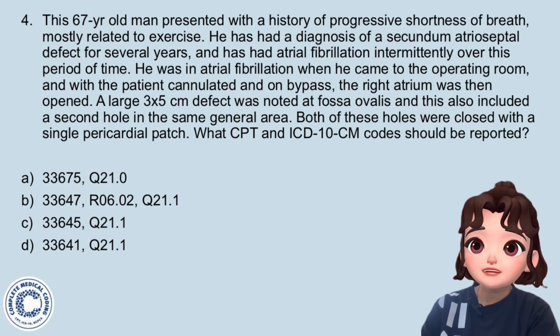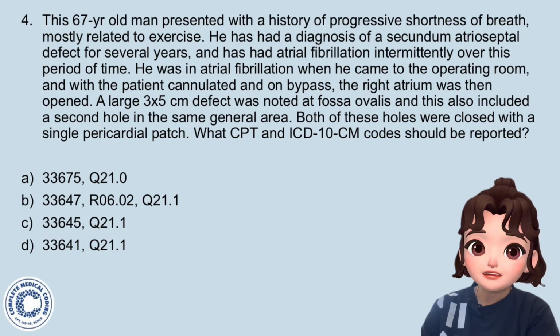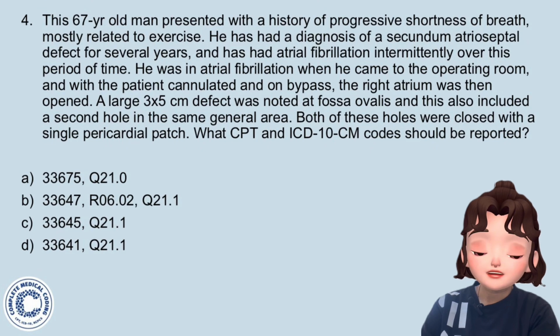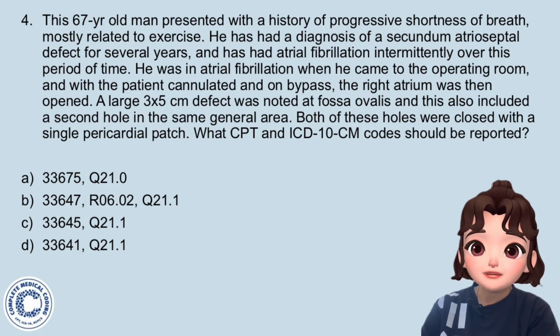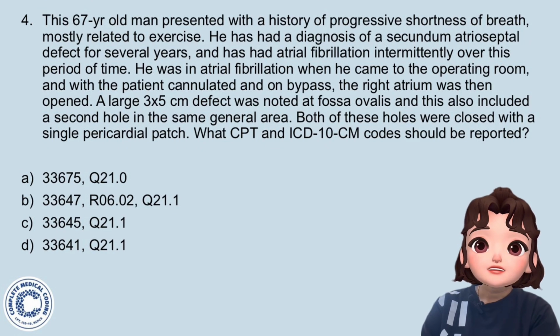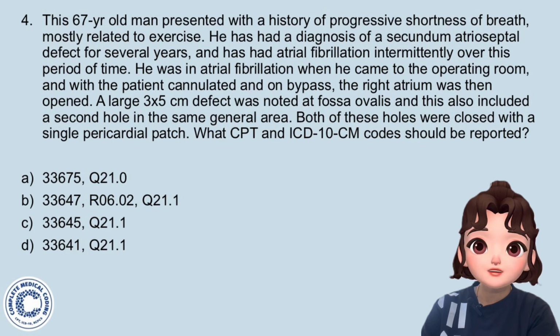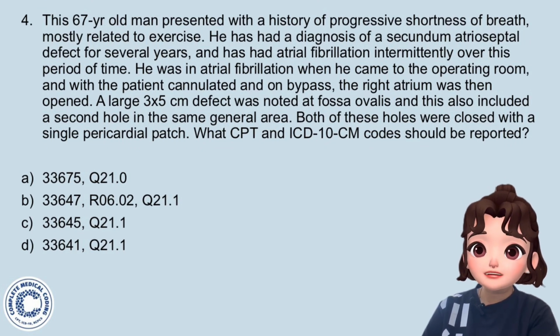But here, since we already have the diagnosis of atrial septal defect, you have to go for that code, which is Q21.1. Q21.0 is ventricular septal defect and Q21.1 is atrial septal defect. That is our exact diagnosis. No need to code for shortness of breath. So, options A and B are incorrect. We got the ICD as Q21.1. That is the only diagnosis in options C and D.